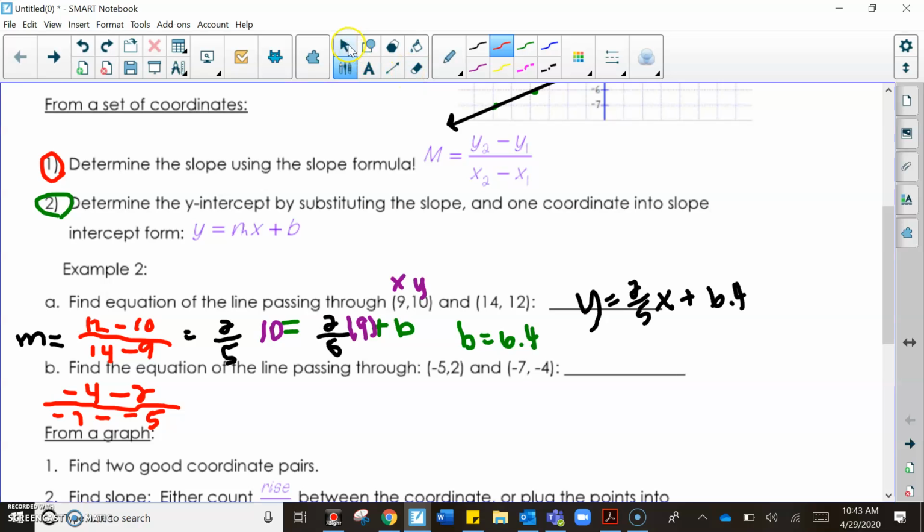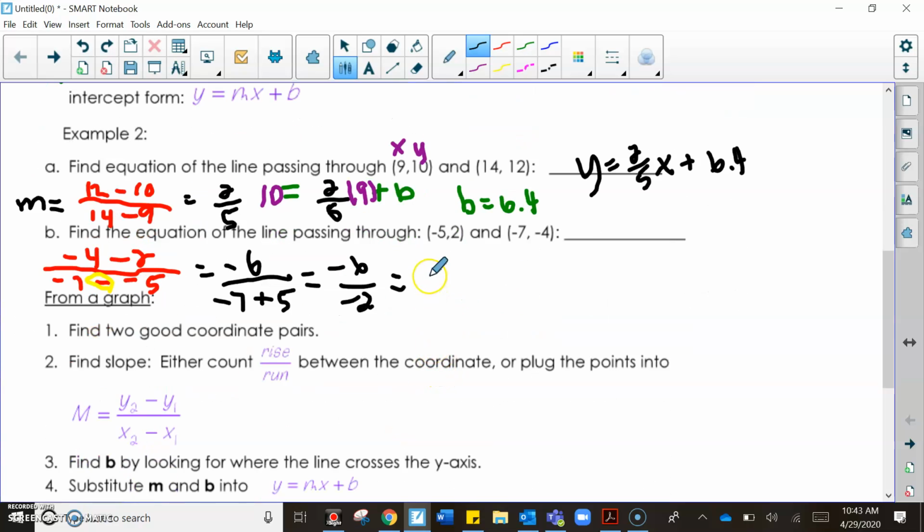Notice that there's a subtraction sign in this problem, so that subtraction sign stays. So this is equal to a -6 over a -7 plus 5, because minus a negative is addition. So this is -6 over a -2, and we're going to get 3. So my slope is equal to 3.